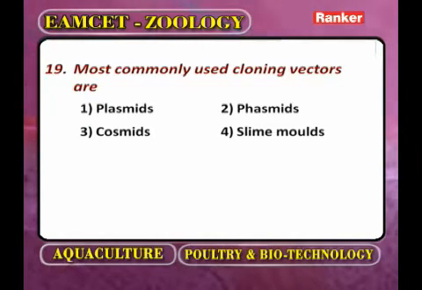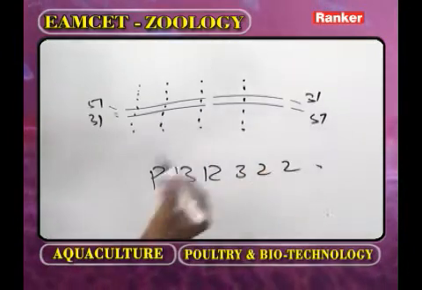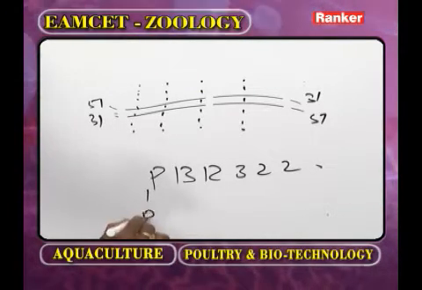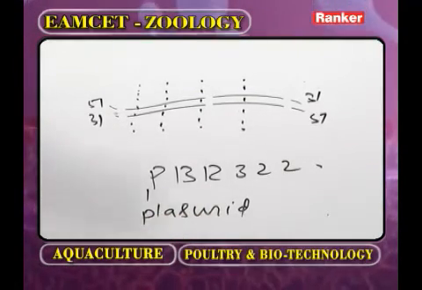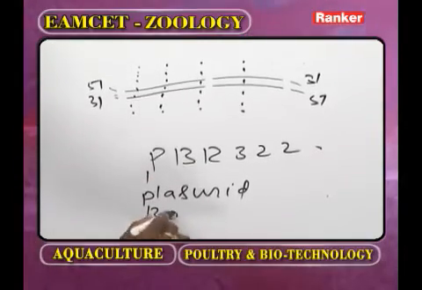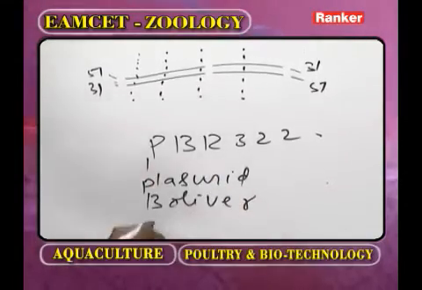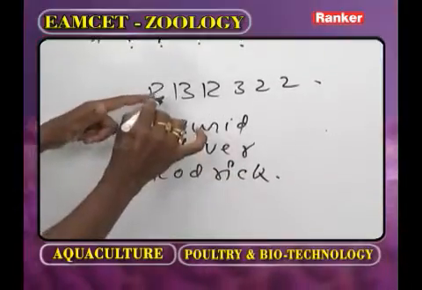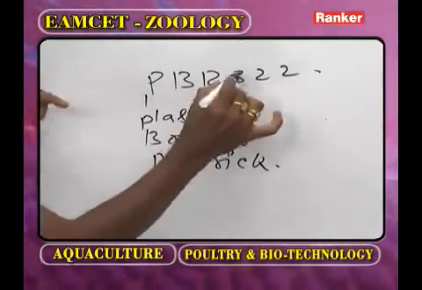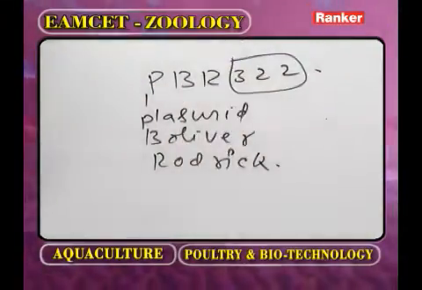What is the most popular? Plasmid. Among plasmids, many varieties are present. The most popular is pBR322. Here the p means plasmid, as we discussed in the last class. The B means Bolivar and R means Rodriguez. The number of this vehicle is 322.